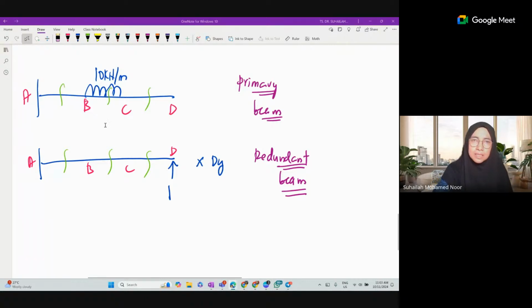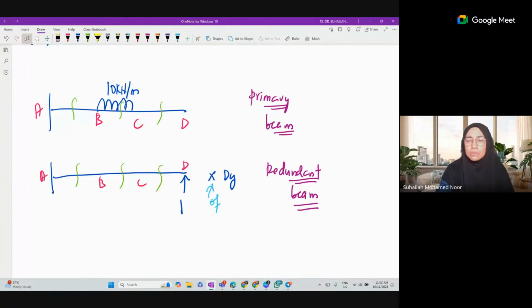It is a determinate system, a determinate beam subjected to a unit value. Only this time, we have a unit value of dy. Okay, same characteristic.